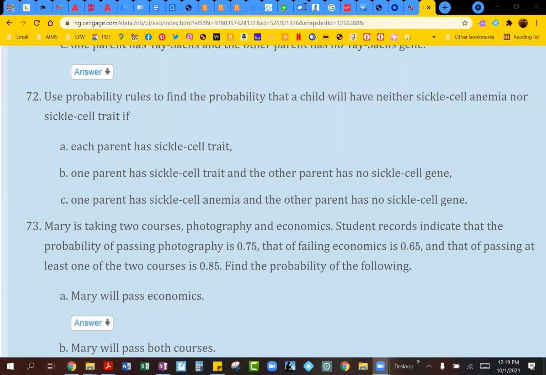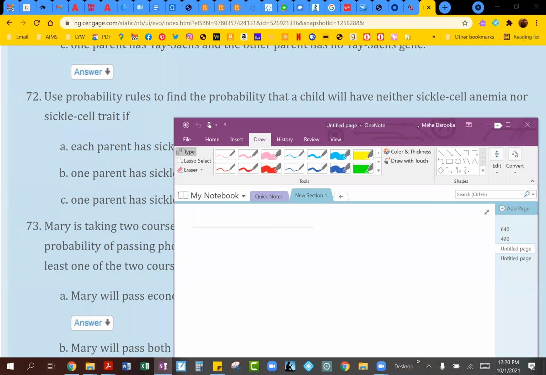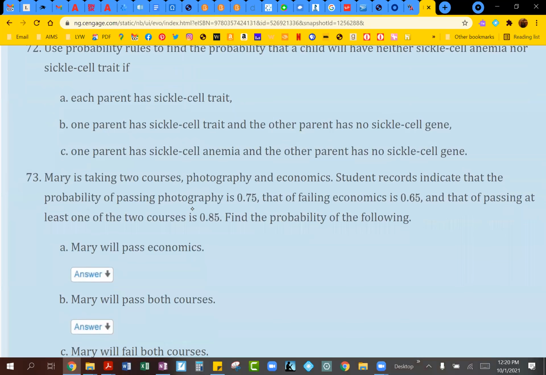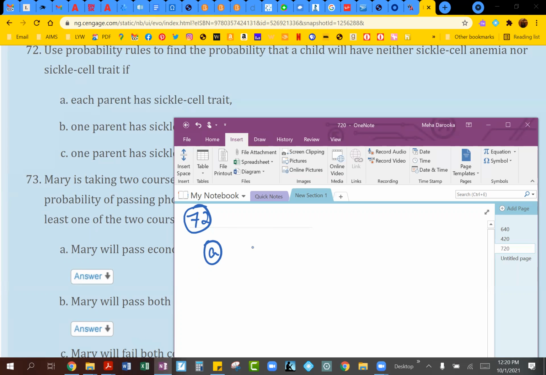So let's go back to this guy here. Alrighty, so this one is telling us for part A that each parent has sickle cell trait, which basically means they are a carrier, but don't have the disease themselves.